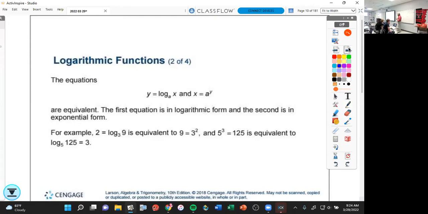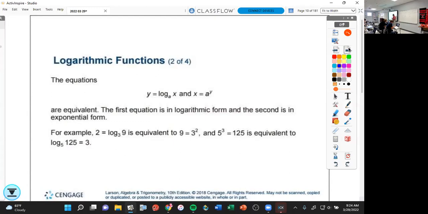For example, 2 equals log, ignore what you see over here, 2 equals log base 3 of 9. What is the relationship between the numbers 2, 3, and 9? 3 squared is 9. 3 is the base, 2 is the exponent, 9 is what I call the thing. I'm taking the log of something.